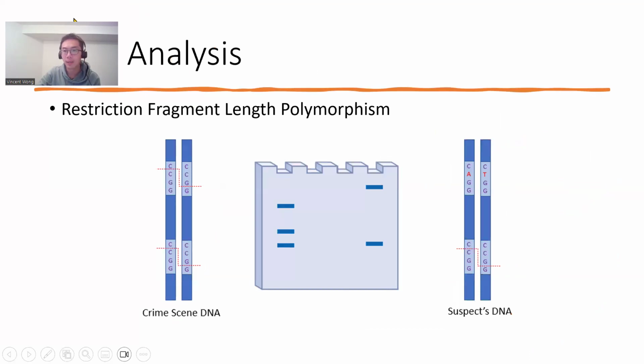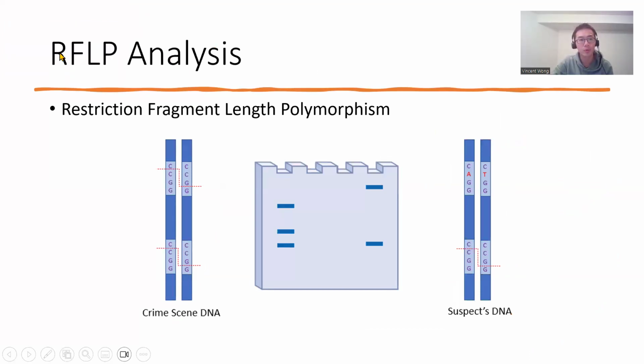All right, we are almost there. We will do what's called RFLP analysis. This is restriction fragment length polymorphism. On the left side, we have a crime scene DNA.